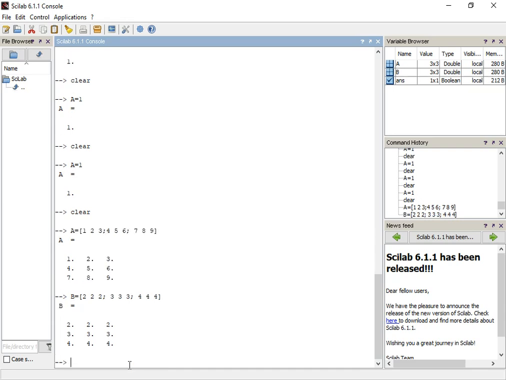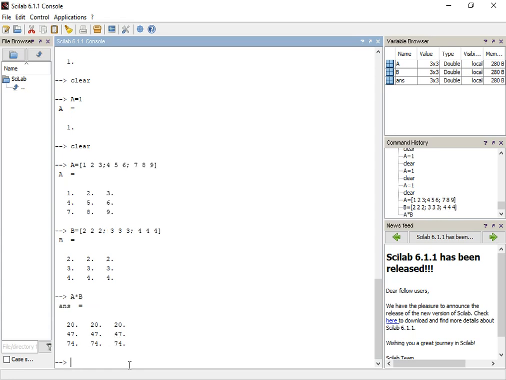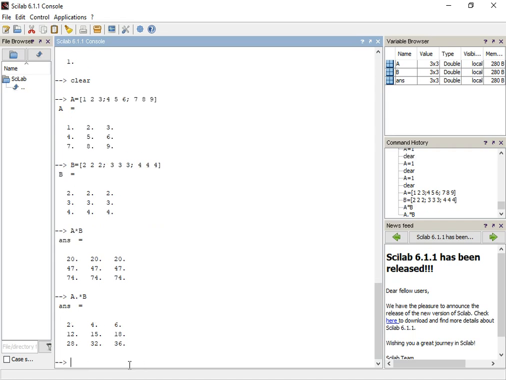Okay. So if I write A star B, you know that it will give you matrix multiplication of A with B. But if I write A dot star B, it will give me something else.